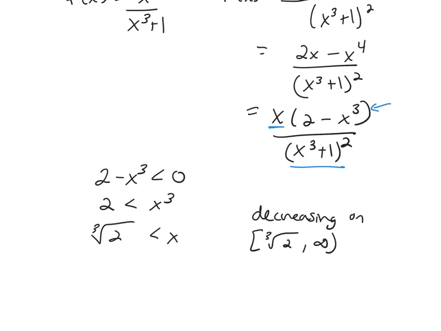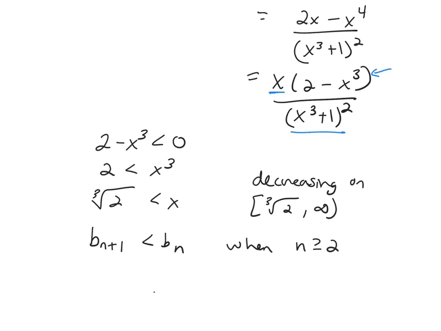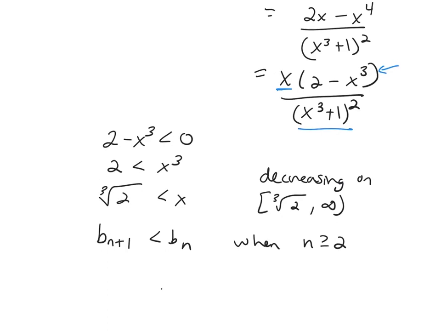But this tells me that at some point, after the cube root of 2, b n plus 1 is going to be less than b n when n is greater than or equal to 2. Okay, so this establishes my decreasing part for me. So that's part 1 of the alternating series test. We've already done part 2. That was the limit we calculated.